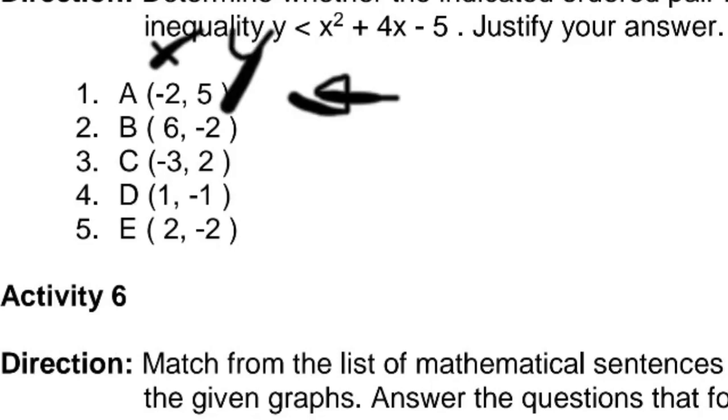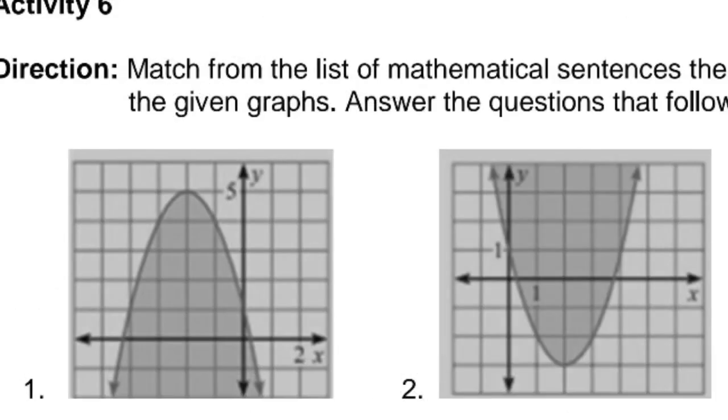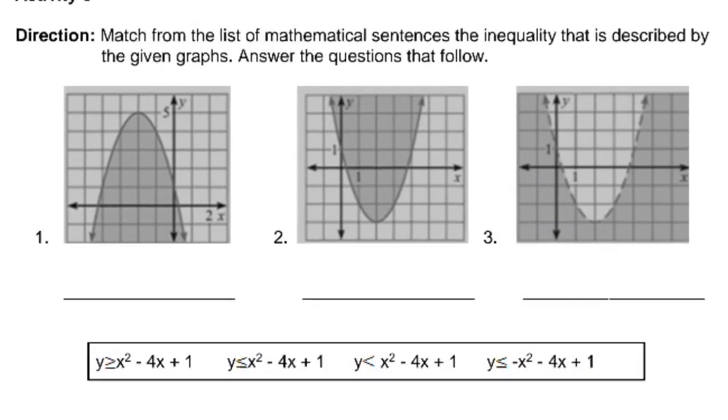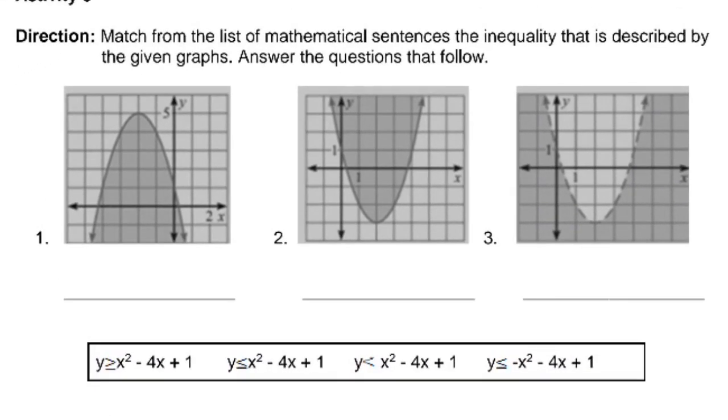So just substitute these values in the inequality, and if these points satisfy the inequality, meaning they are a solution. And if not, then it is not a solution. Then activity 6, you are going to match from the list of mathematical sentences the inequality that is described by the given graphs. So you have there 3 graphs, so you're going to select your answer from these items here.